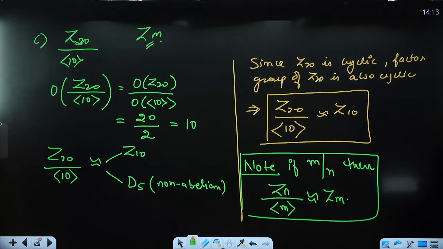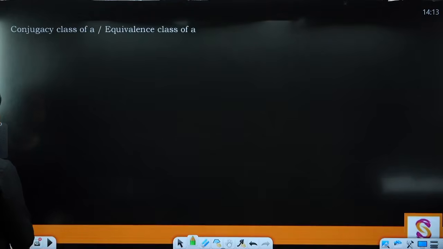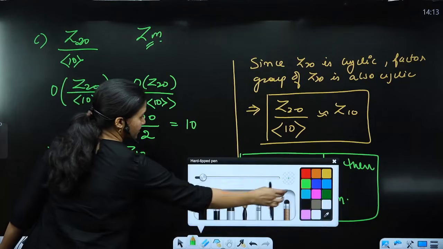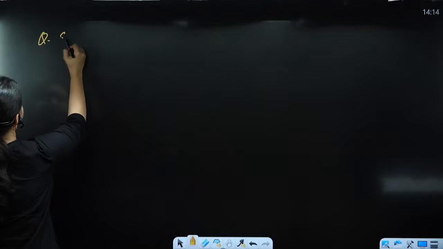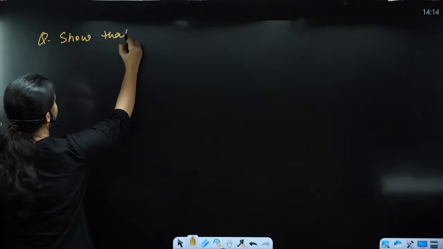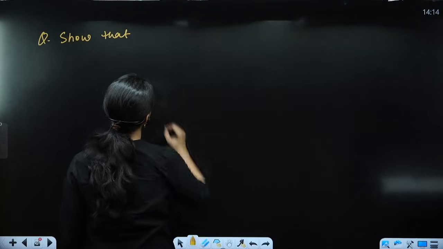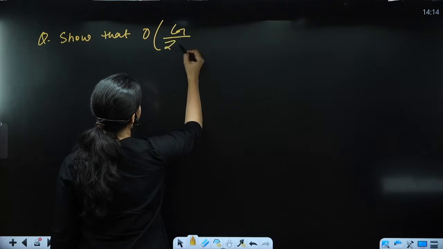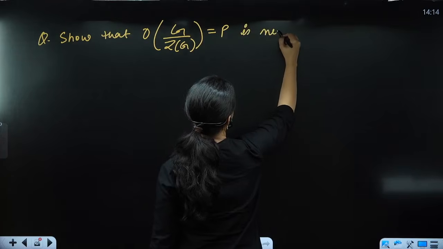Are we talking about the group again here? Sure. All right. We have a question that the order of G by ZG is never a prime.